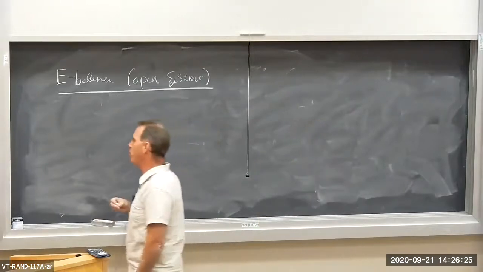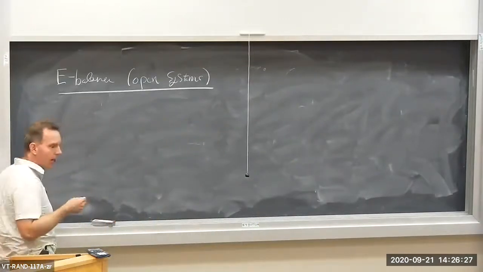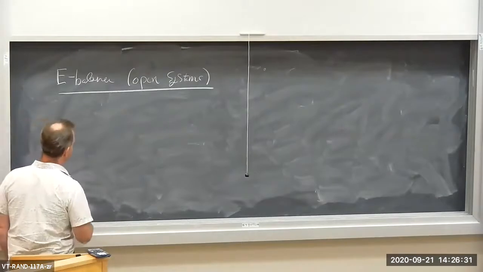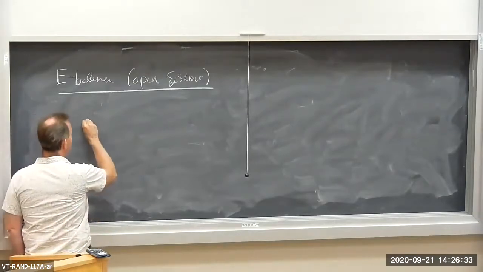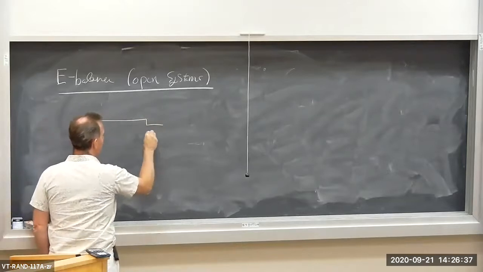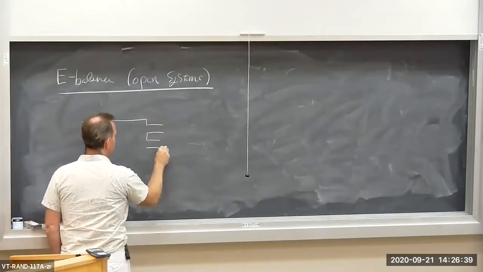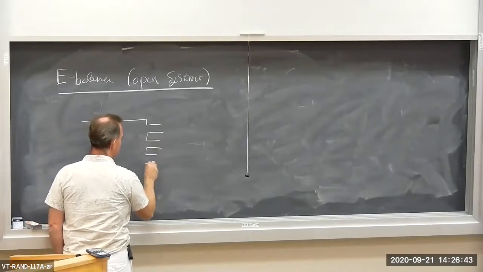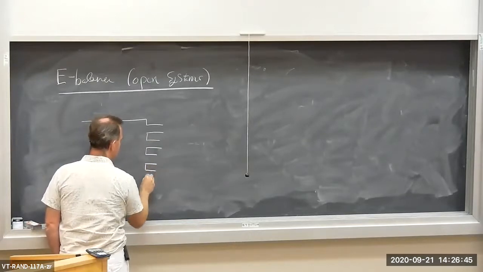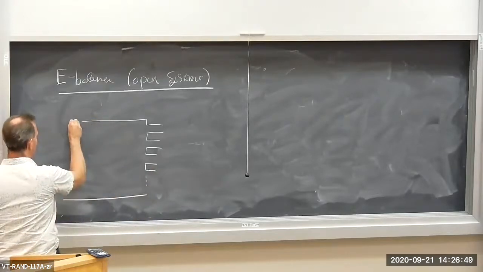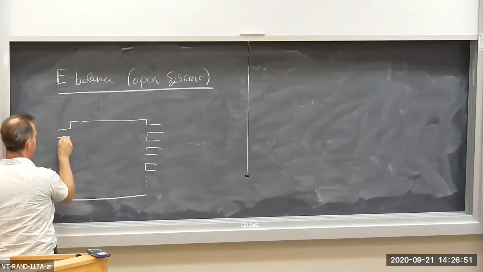So let me show you what such an open system might look like, and I'll draw and show you what possible energy interactions there might be. So we could have this weird generic system with all these inlets and outlets.